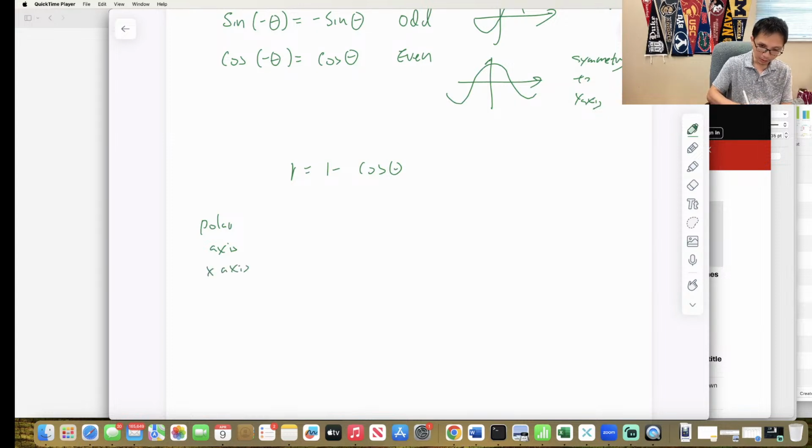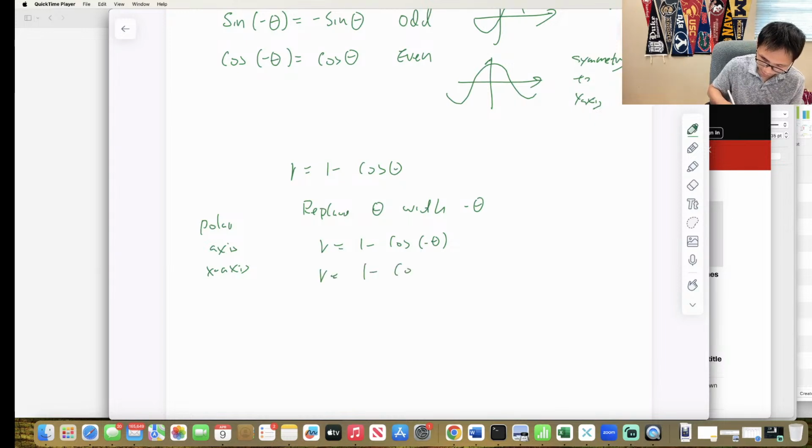So you're gonna replace theta with negative theta, right? So it'll be r equal to 1 minus cosine of negative theta. That's r equal to 1 minus cosine of theta, because negative theta is not going to change it. So this is symmetry to the polar axis.